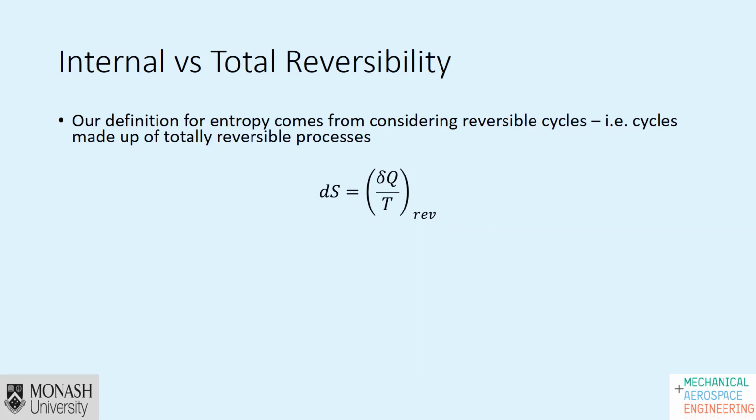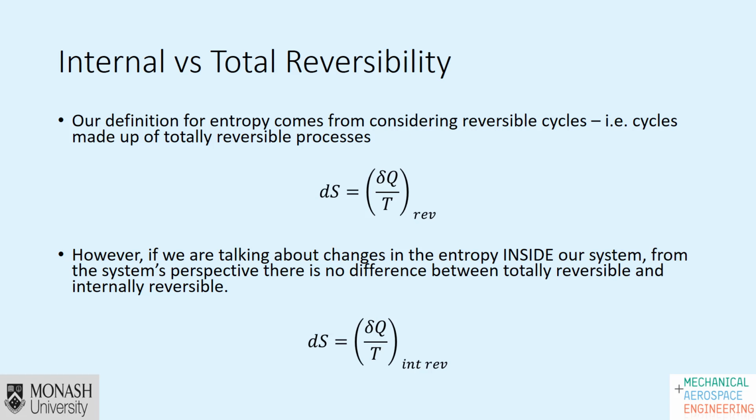Well, firstly, let's clarify what kind of reversibility we're talking about. Our definition for entropy came from considering reversible cycles. And reversible cycles are cycles made up of totally reversible processes. So our original definition requires total reversibility. However, think about what the S means here.